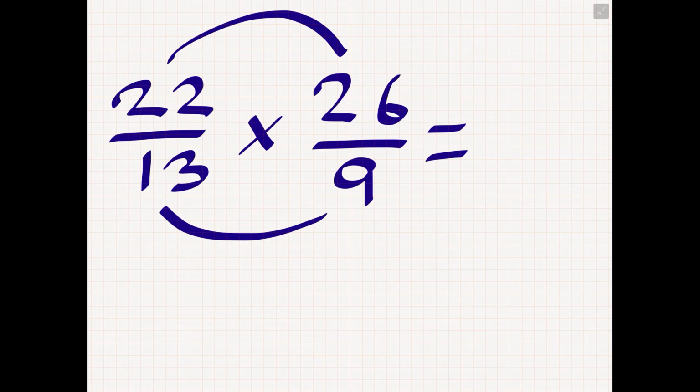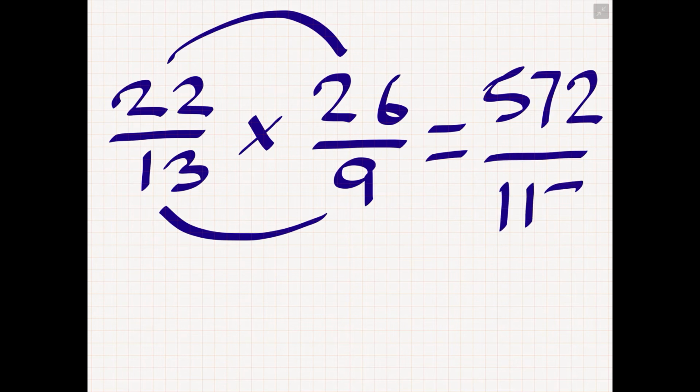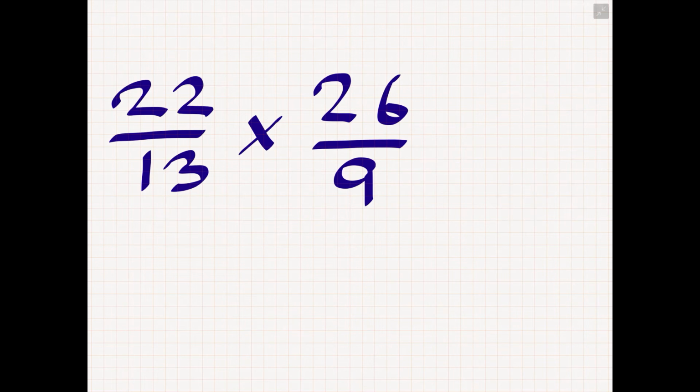The problem here is, though, in this instance we will have very large numbers as the numerator and also fairly large numbers as the denominator, which gives us 572 over 117. So before we do this, we can save ourselves some work by checking to see if the numbers can cancel down.